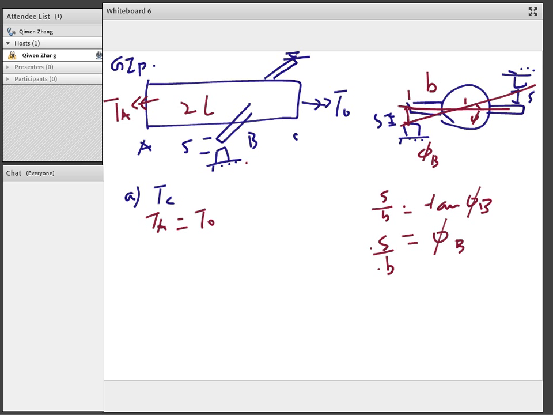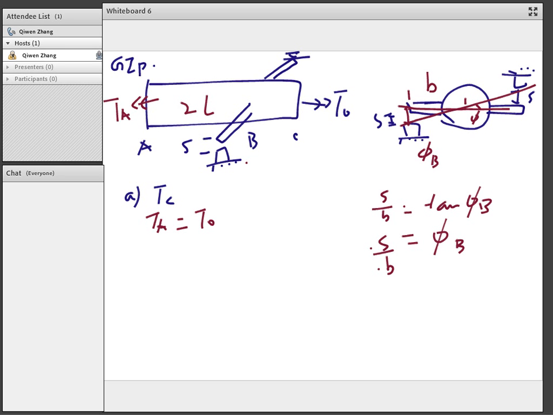So that tells us that phi B is fixed, and it is equal to S over B. To find phi C, we need to find phi B and then add phi BC, right? So we already know phi B is S over B, and then phi BC.